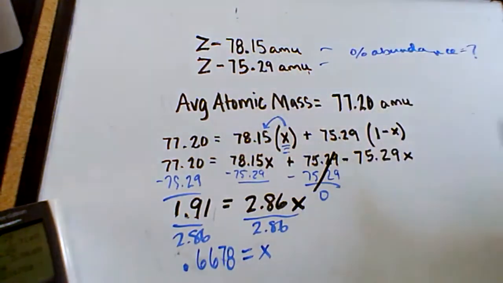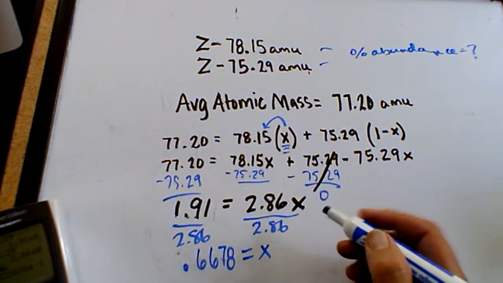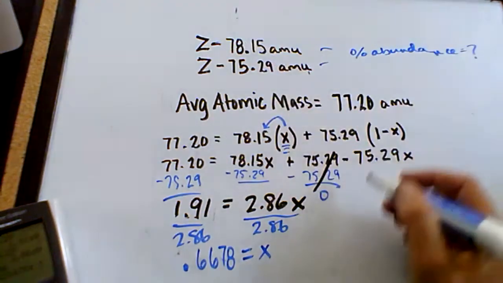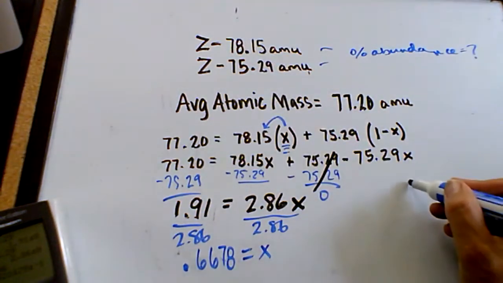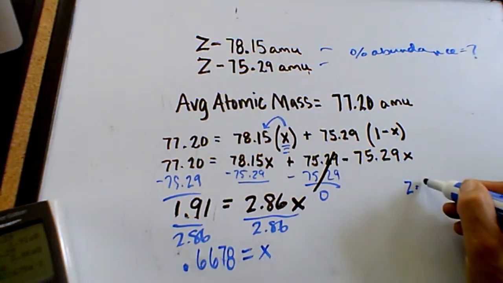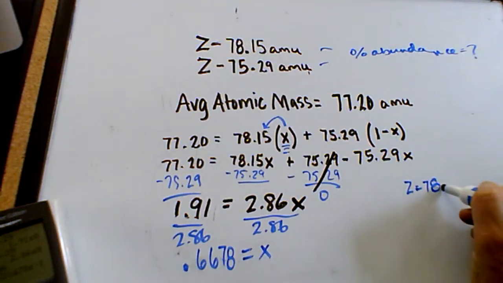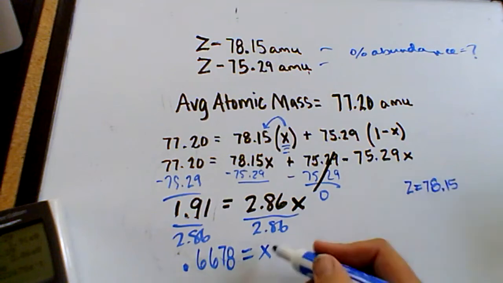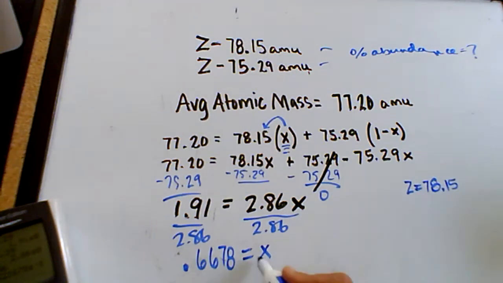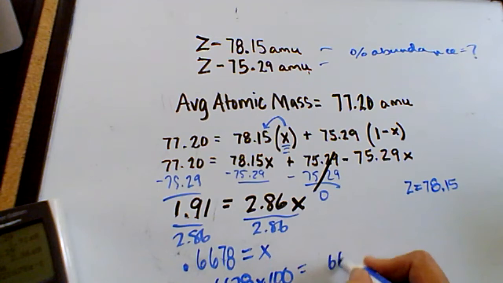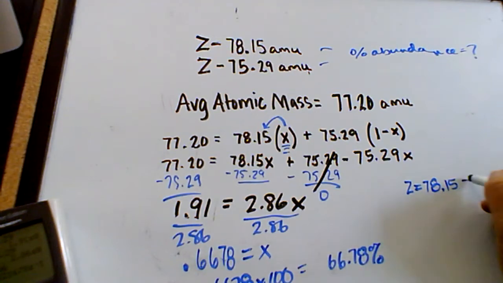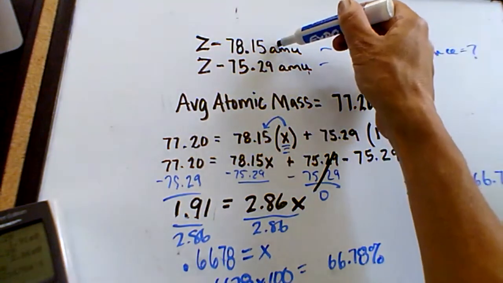So if isotope Z-78.15 has an x that is equal to 0.6678, and we multiply that by 100 to get a percentage, we'll see that 66.78% of the isotopes of element Z come in this form.